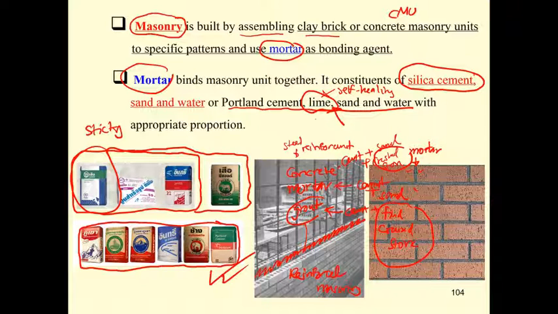That is what's called a self-healing material, a very special one. And this lime was used in the time of the Romans and Greeks to build large castles, those kinds of things.